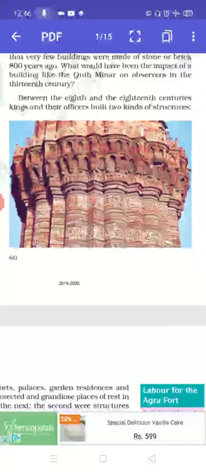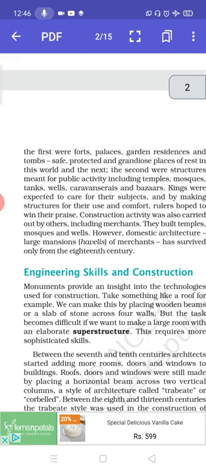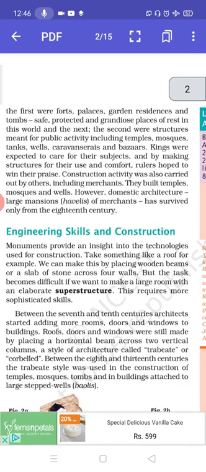Between the 8th and the 18th century, kings and their officers built two kinds of structures. The first were forts, palaces, garden residences, and tombs, safe, protected, and grandiose places of rest in this world and the next.